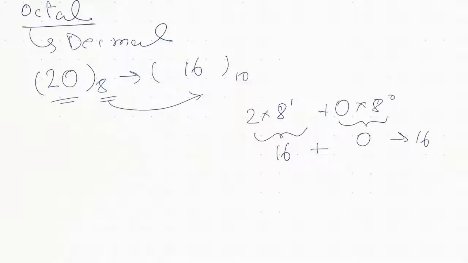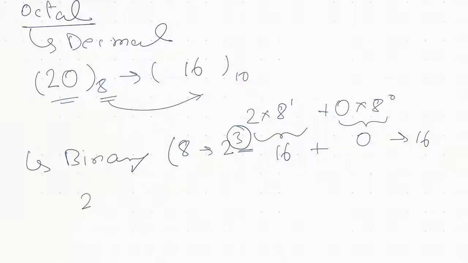Similarly, let us try to do the same for binary. The interesting thing is that octal is again 2 to the power 3. So what we can actually do is take groups of 3 bits for the octal representation to find the equivalent binary representation.